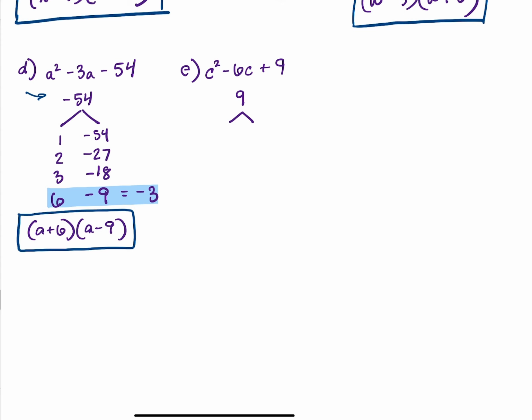Let's see, they should both be negative, it looks like, because they multiply to equal a positive number and then add together to get a negative number. So we can try negative 1, negative 9, that'll give us negative 10. How about negative 3 and negative 3? Multiply those, we get positive 9, and when we add them together, that'll give us negative 6.